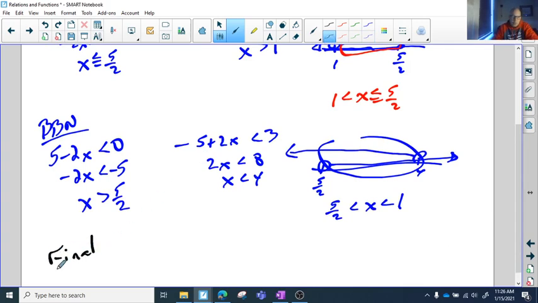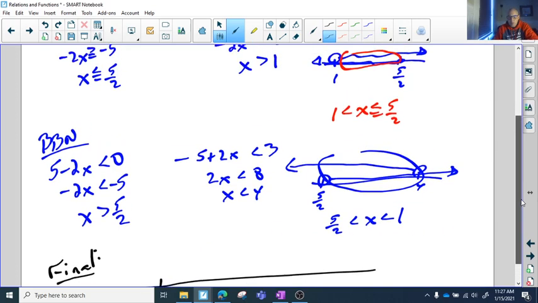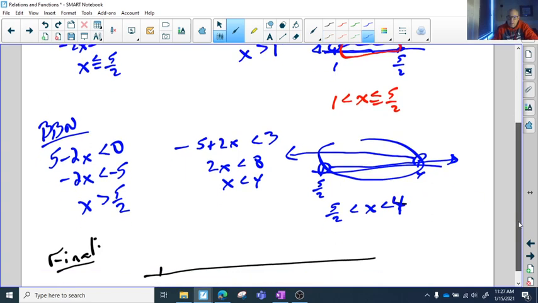So the final solution is what we call, again, the union of the sets. You join them together. So from 1, what's going on here? Something's wrong. Oh, this is 4, not a 1. Again, this is where I miss not having my live audience to fix my mistakes when I make them.